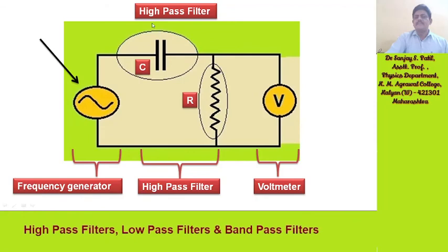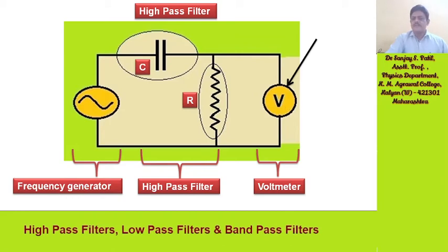Since this is a high pass filter, in case of low frequency, there will be no output or low output at the voltmeter shown here in the diagram.